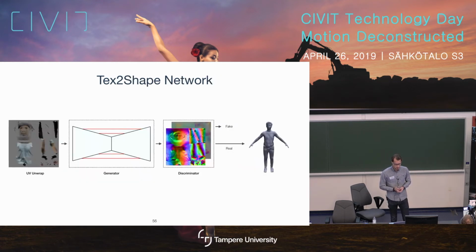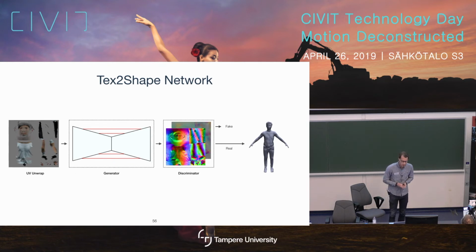And this is then the input to our text-to-shape network. So text-to-shape is a pix-to-pix style generative adversarial network. So we have a UNet generator that goes from this incomplete UV texture map to the normal and the displacement map. And then we have a discriminator that tries to understand if this is a real or a fake normal map and displacement map.